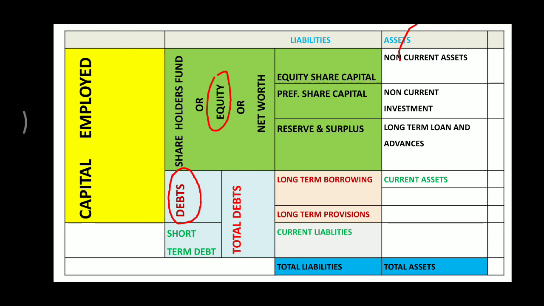So in the green shaded part you see equity share capital, preference share capital and reserve and surplus. When you add them, that is equity share capital plus preference share capital plus reserve and surplus, that is known as shareholders fund or equity or net worth or even the owners fund. So shareholders fund, equity, net worth, all are the same thing. It doesn't have any differences.